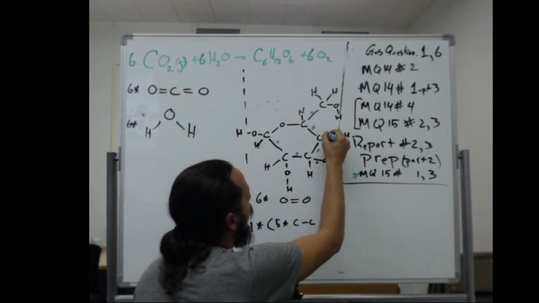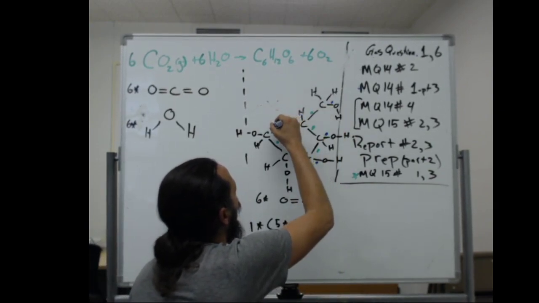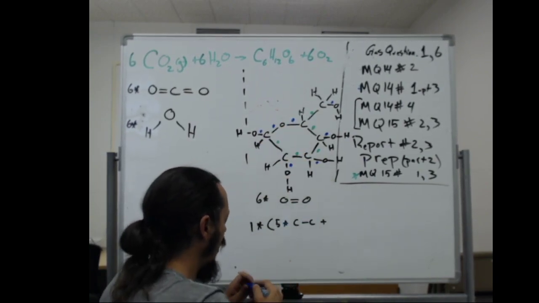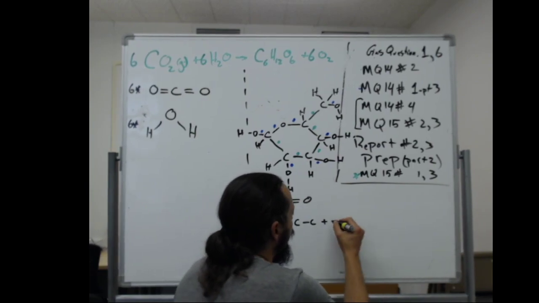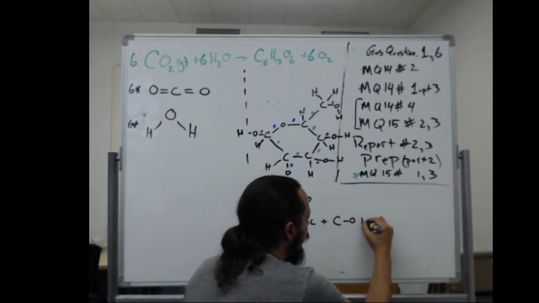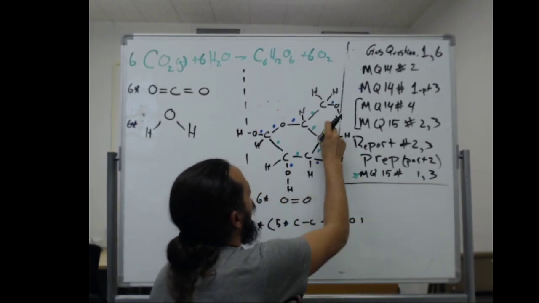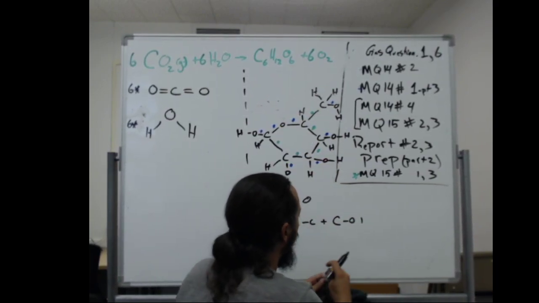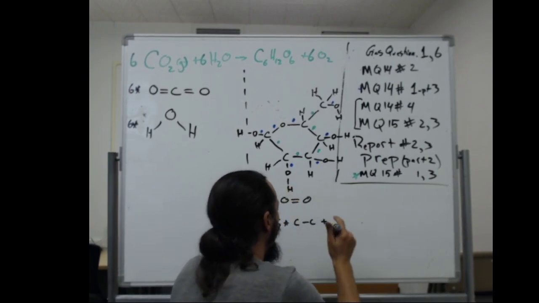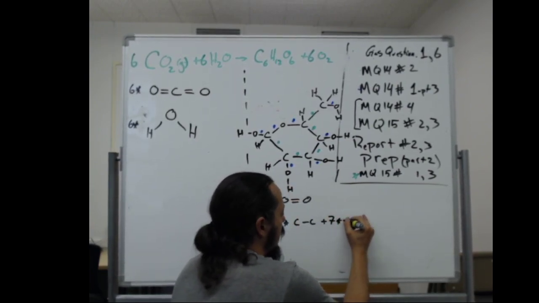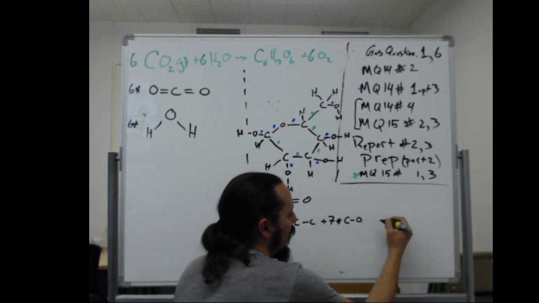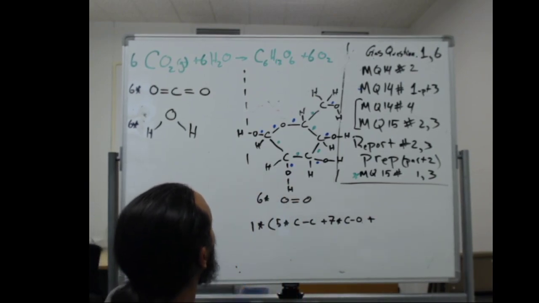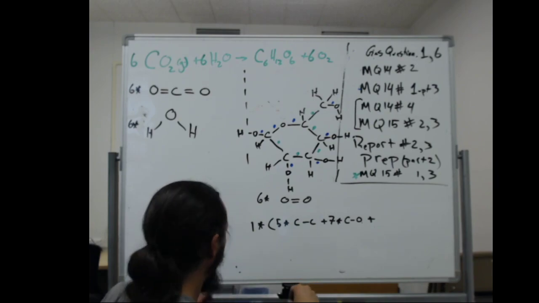It's 1, 2, 3, 4, 5, 6, 7. I didn't give myself enough space. 7 carbon-oxygen single bonds.